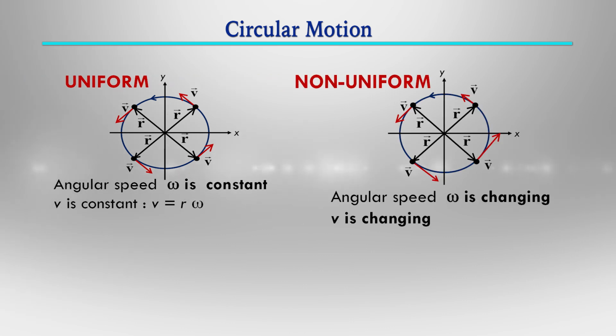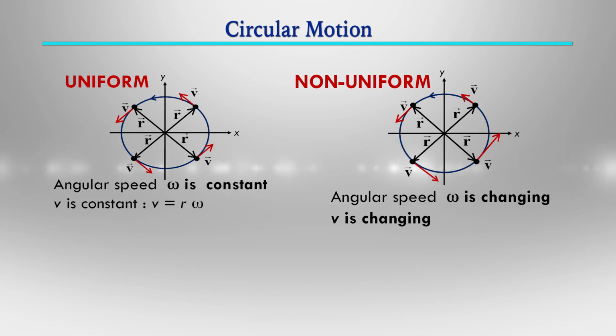The next thing we studied was non-uniform circular motion. What is non-uniform circular motion? In non-uniform circular motion, you have an angular speed that is changing. So basically, you have the rate of change of angular velocity, d omega by dt, equal to the angular acceleration. So angular acceleration alpha is d2 theta by dt2.